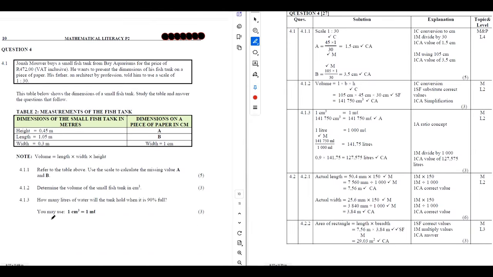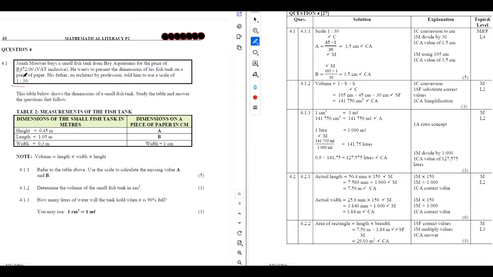So we can see here on question 4 that we are told that Yona Mowa buys a small fish tank from B Aquariums for the price of 472, VAT inclusive. So this price already includes VAT. He wants to present the dimensions of his fish tank on a piece of paper, and his father, an architect by profession, told him to use the scale of 1:30.